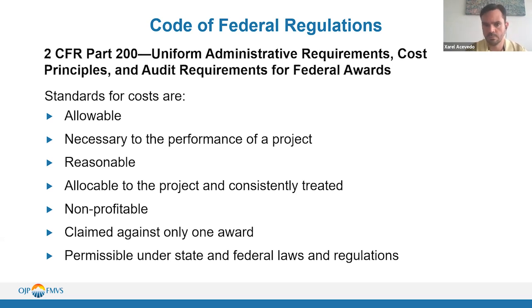When in doubt, look at the solicitation, refer to the 2 CFR, and any other details that you might have about the budget, about the request. Okay, if you still can't find the answer, then talk to your program manager. They should know what is allowable and what isn't.